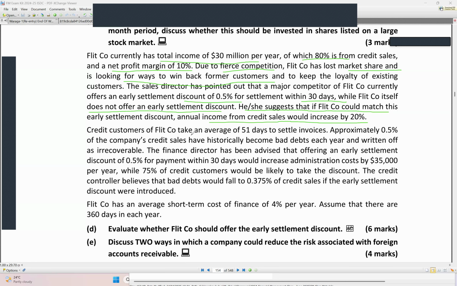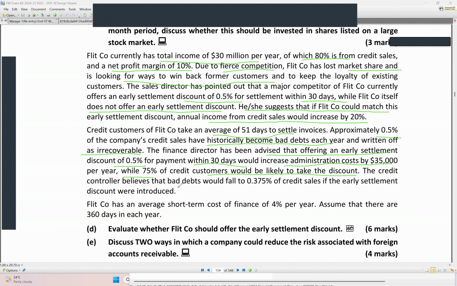Then the credit customers have an average of 51 days to settle the invoice. 0.5% of the company's credit sales have historically become bad debts each year and been written off as irrecoverable. The Director of Finance has been advised that offering a settlement discount of 0.5% for payment within 30 days would increase administration costs by 35,000 per year, while 75% of credit customers would likely take the discount.